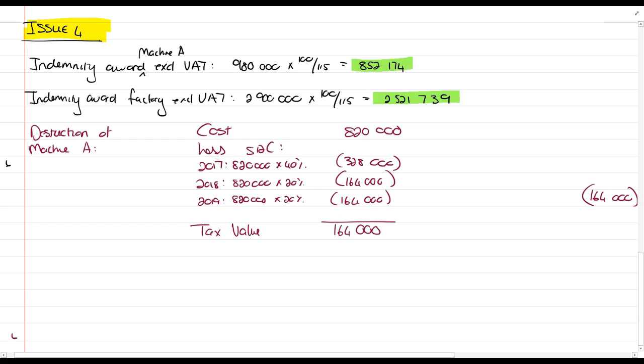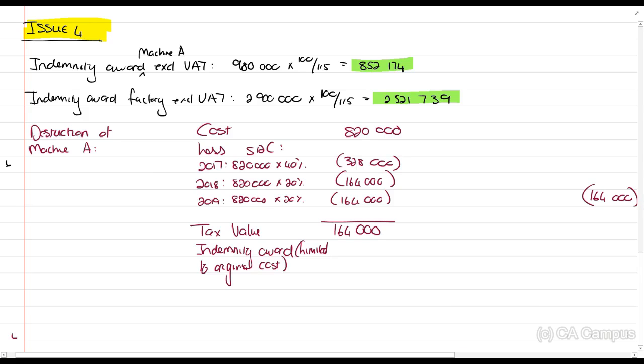164. So usually we now say selling price limited to original cost, which you'll remember means lower of the actual selling price or original cost. Now we just say indemnity award, just to show you examiners we know what you're talking about. This is limited to original cost.